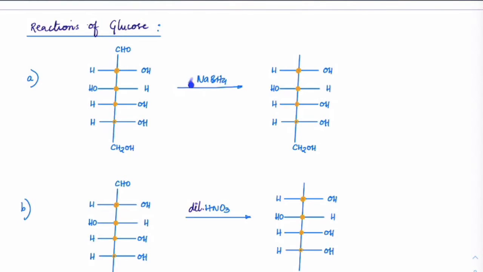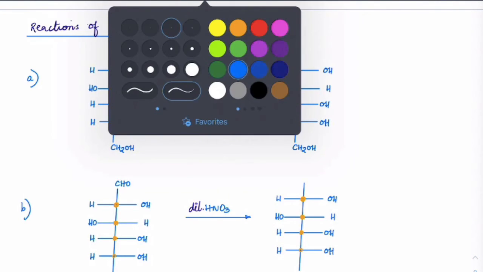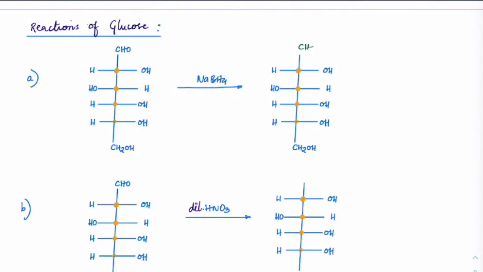In the case of NaBH4, you know that aldehydes will be reduced by NaBH4 to alcohols. So I would get this as CH2OH. The rest of the structure is the same, right? Now can you see that there is a hydroxyl group on every carbon now, right?